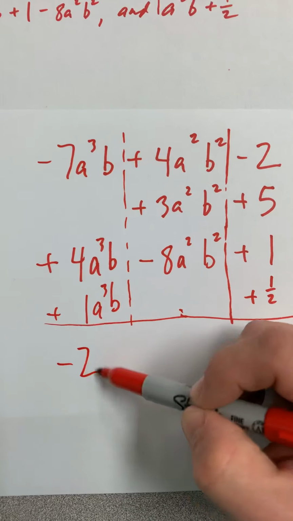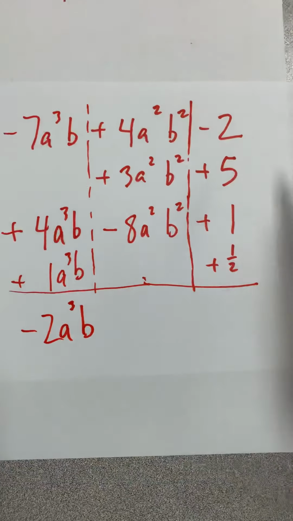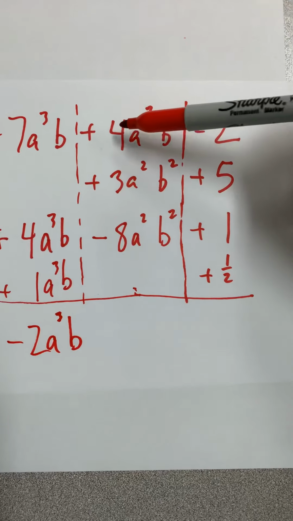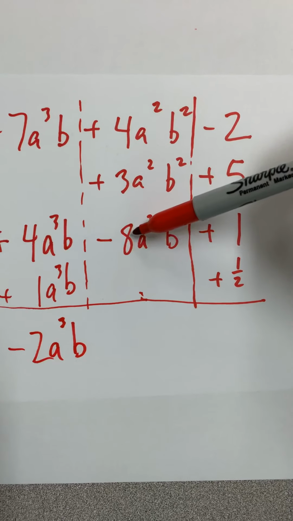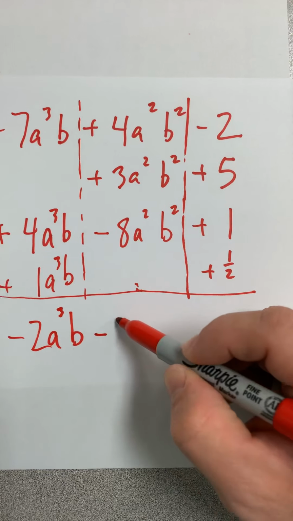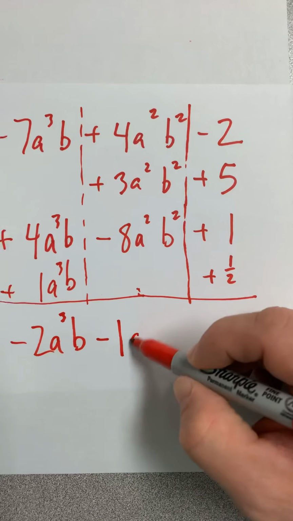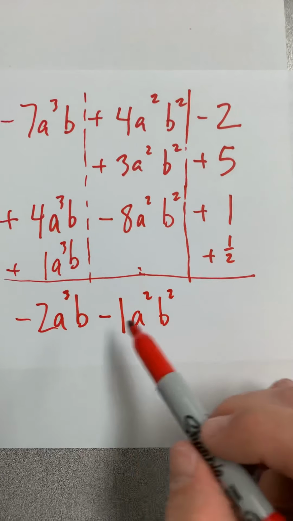So it's going to be negative 2a cubed b. Okay, now let's come to the next column. 4 plus 3 is 7. 7 minus 8 is negative 1. So we can write it this way. This could be written negative 1a squared b squared. Or you could just write it negative a squared b squared.